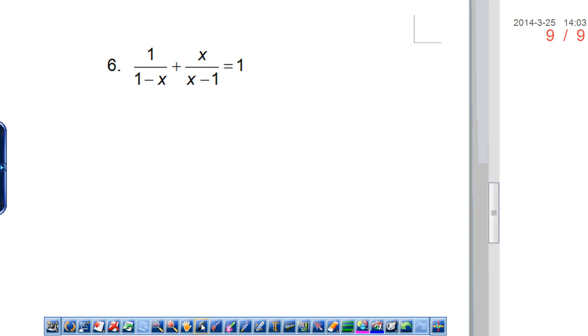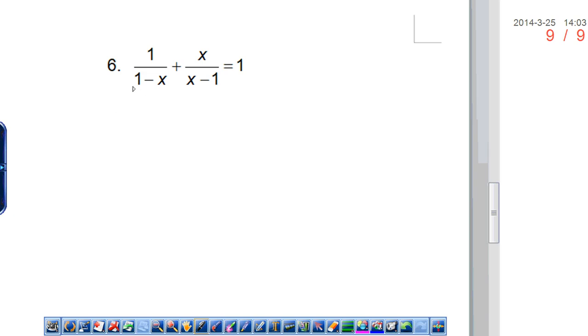One over 1 minus x plus x over x minus 1 is equal to 1. Yeah, so again, in this situation, we're going to want to try and manipulate this 1 minus x.